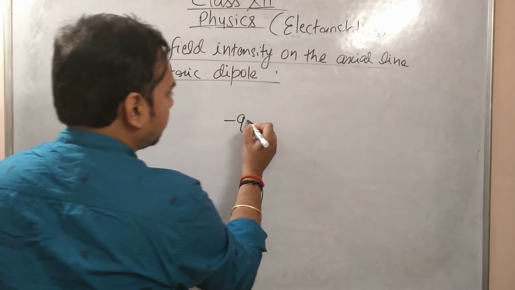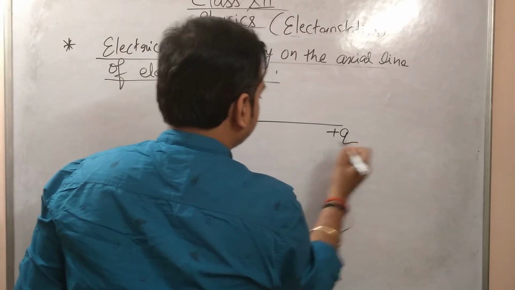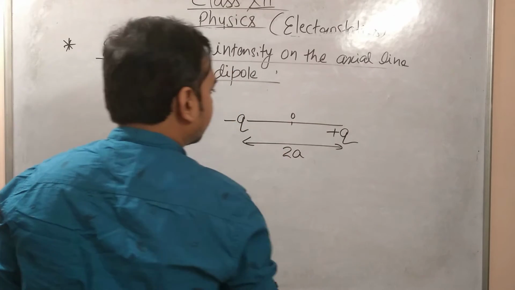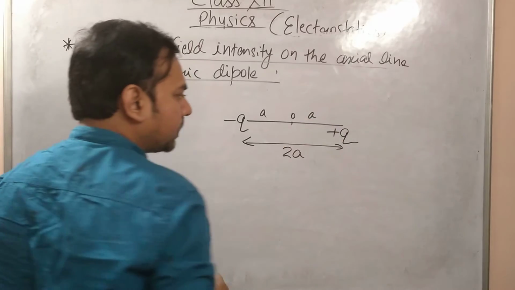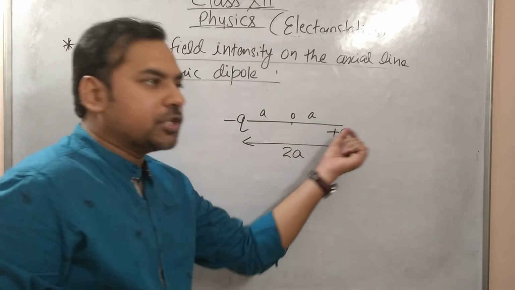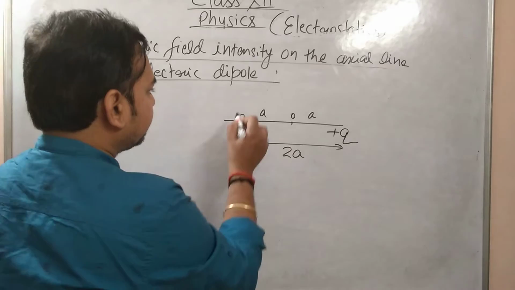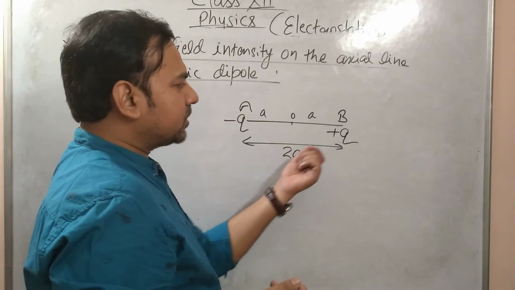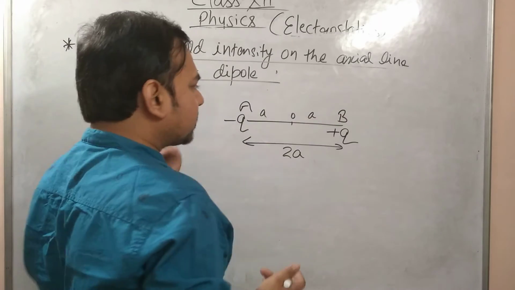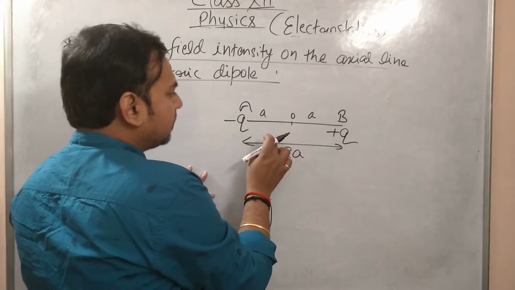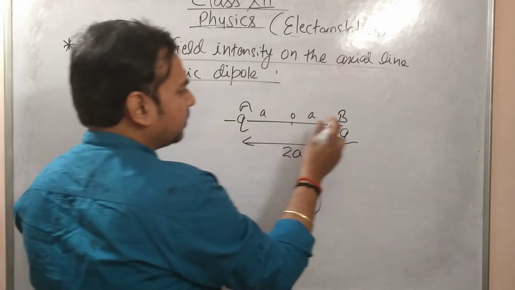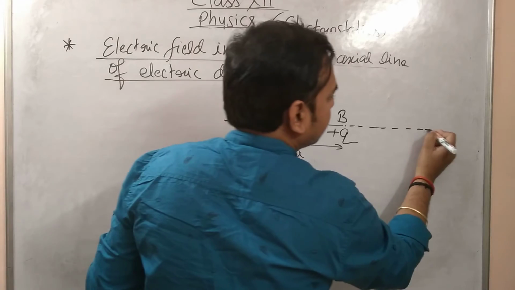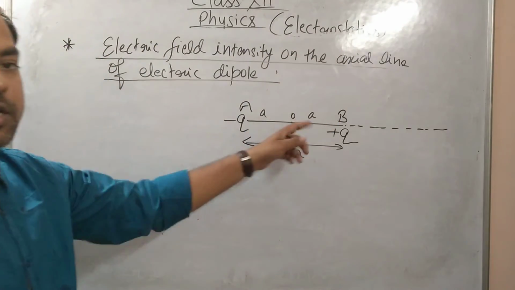Suppose this is minus q and this is plus q, separated by some small distance 2a. This is the center of the dipole. This is A, again this is A. Now we can produce this AB on either side, whether from the B side or from the A side. This time we are producing AB this side. This is the axial line of the electric dipole.